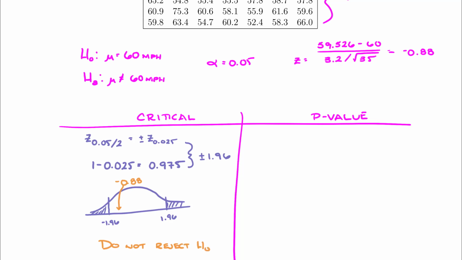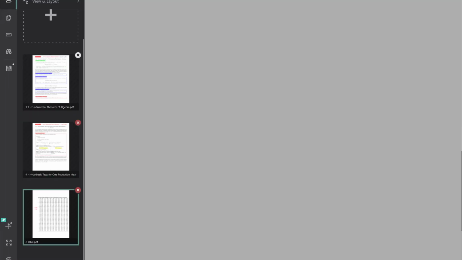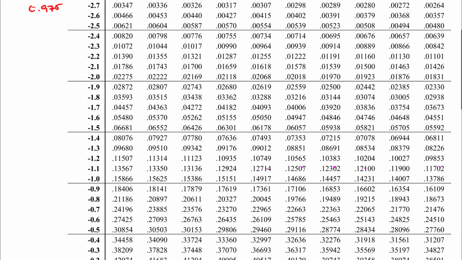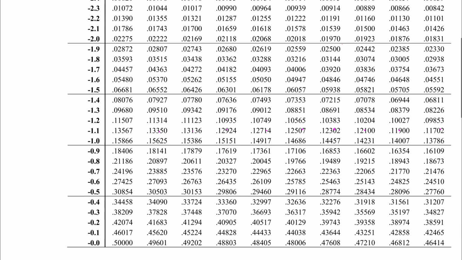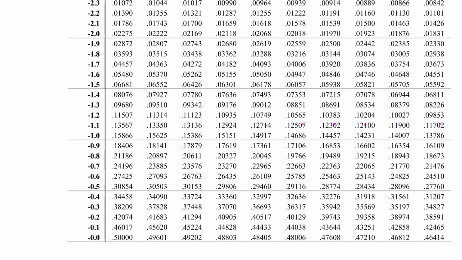For the p-value approach, again, we're talking about a two-tailed test. We have a z-score of negative 0.88. So with the p-value approach, we have to find the area that corresponds to negative 0.88. Go back to the table. Negative 0.88 is 0.18943.